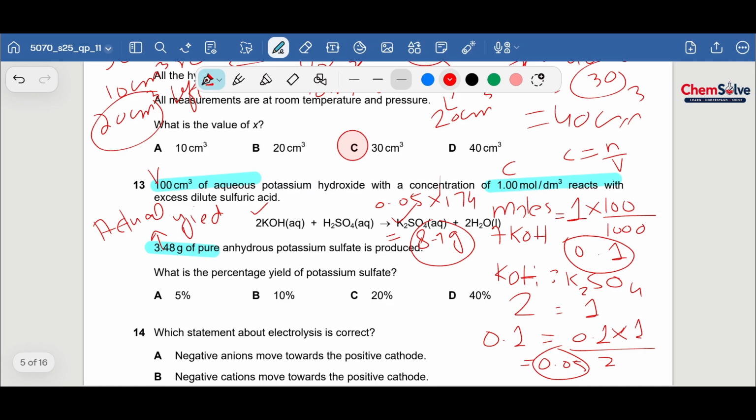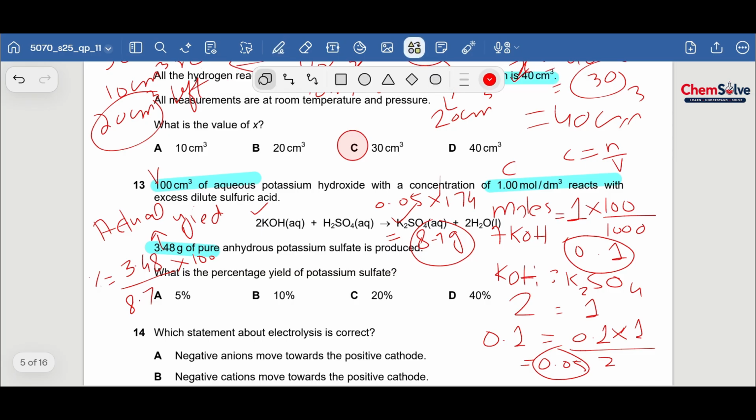So by using the formula, percentage yield is equal to actual yield over theoretical yield. Actual yield is 3.48. Theoretical yield we just calculated and it is 8.7. All multiplied by 100 to convert it into percentage. Just solve it and you will get the answer. The answer would be 40%.